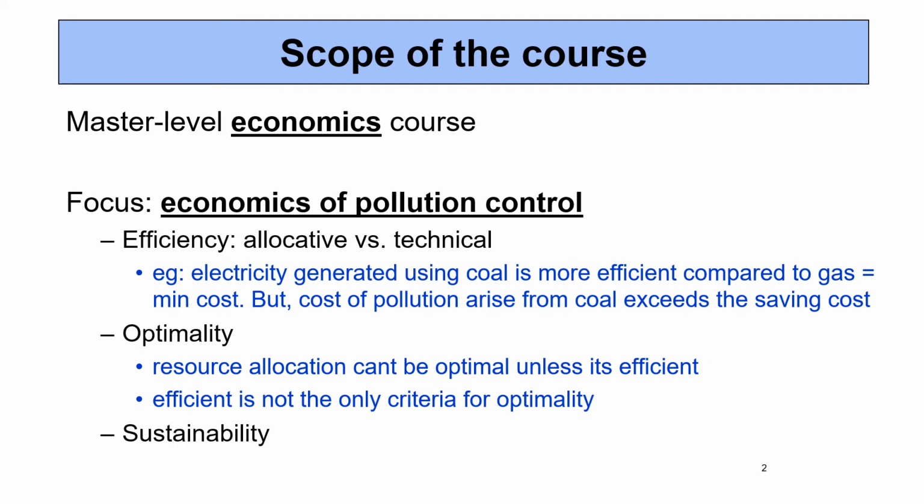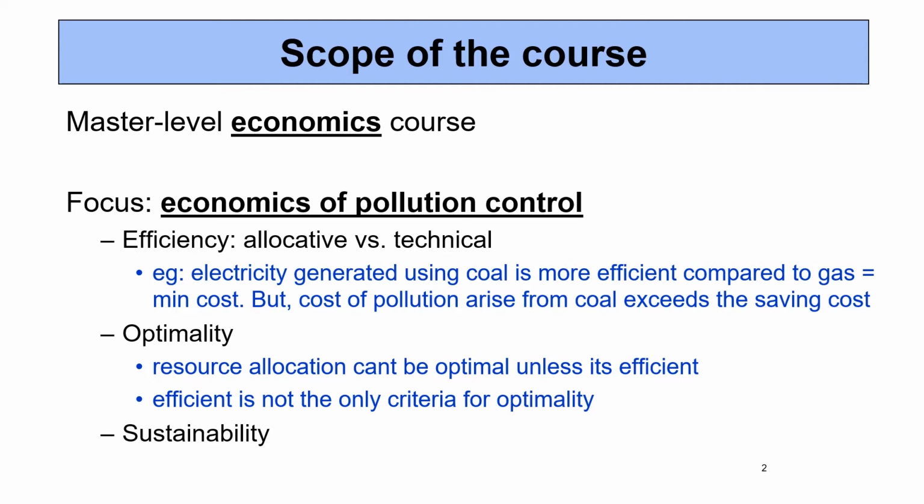If you have learned about economics, you should know the difference between allocative and technical efficiency. Let me give you one example to differentiate between these two. For instance, electricity generated using coal is more efficient compared to gas because coal is very cheap, so you will achieve minimum cost. We call it technical efficiency.